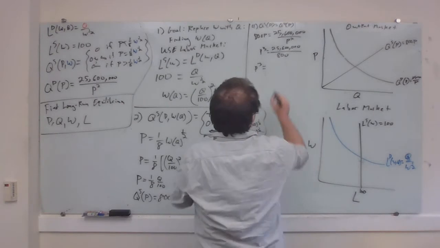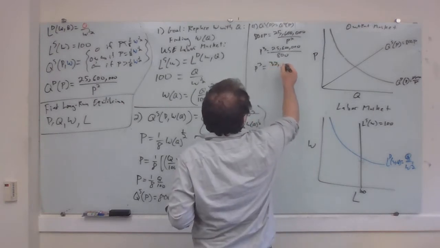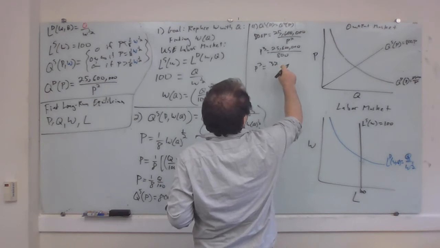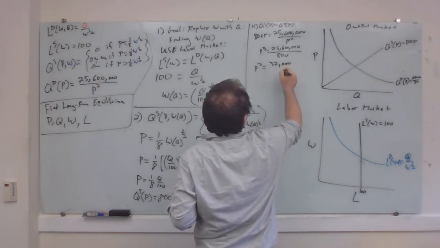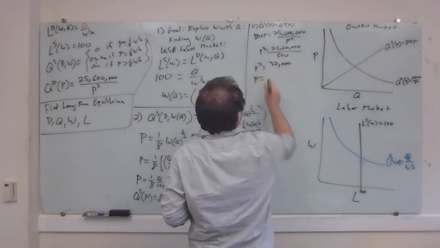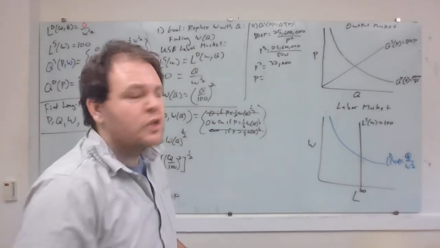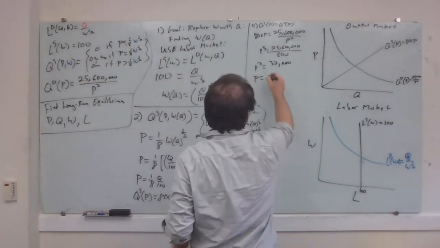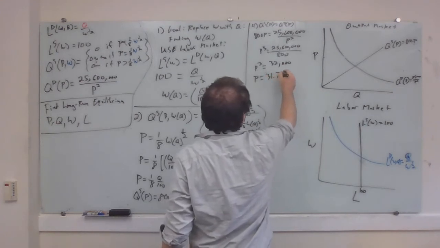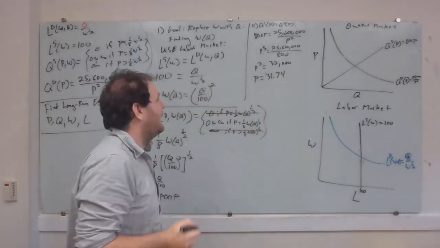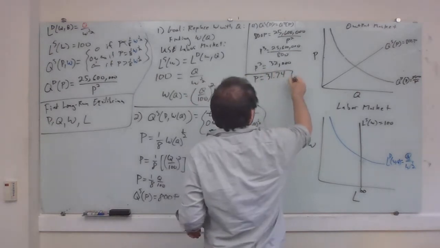We cut 2 zeros off of this, so this is going to be 32,000. This makes sense? Then P is going to be some horrible number because I didn't calibrate this right. So specifically, it's going to be like $31.74. Cool? Okay, great. So now we found our price.